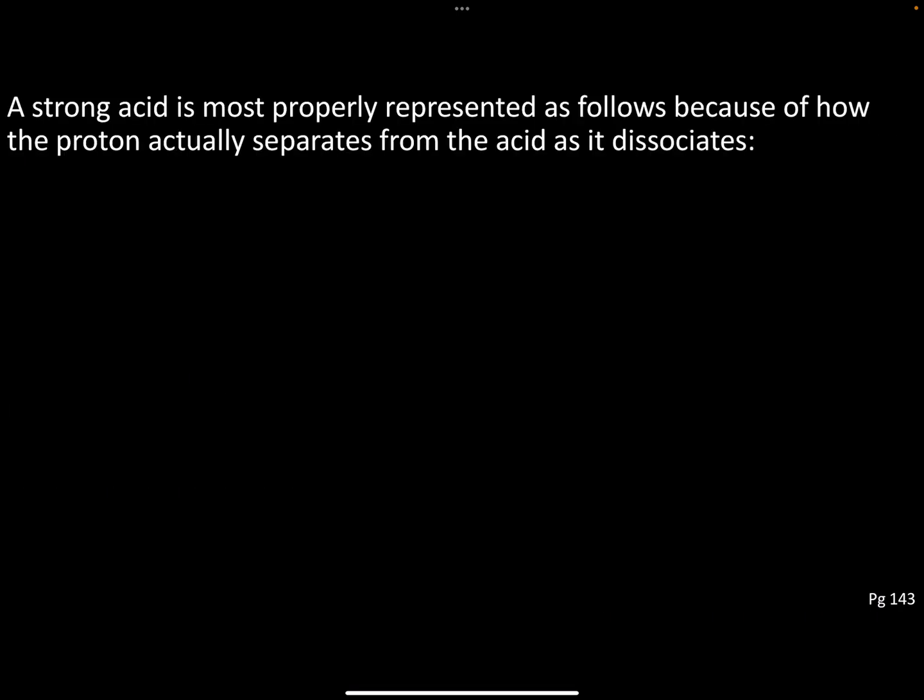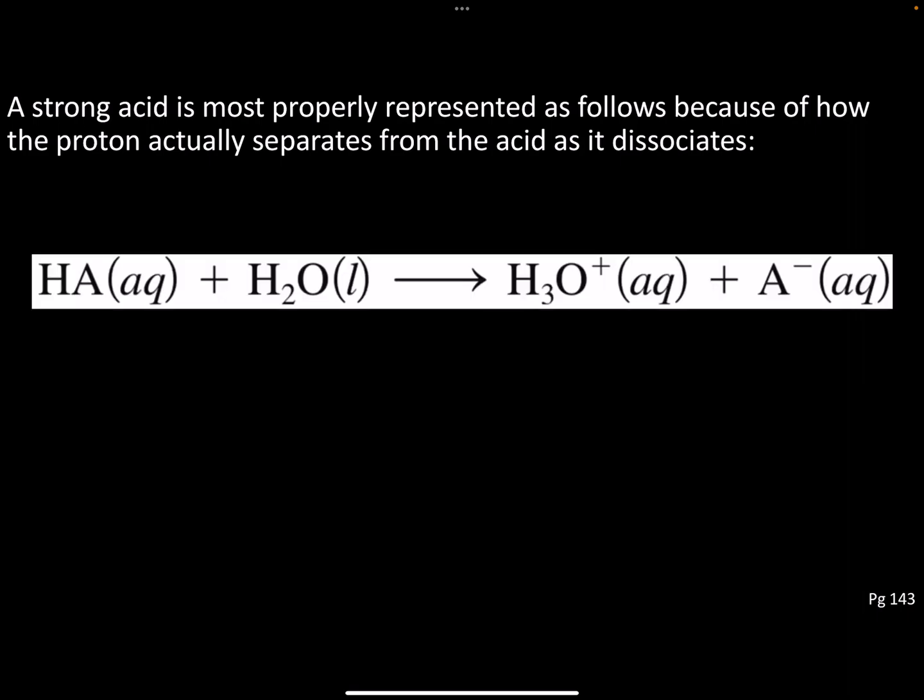They are all dissociated. Now, a strong acid is also most properly represented as follows because of how the proton actually separates from the acid as it dissociates. If we think about that proton being the H of HA, which is just saying some acid anion, we put that in water and normally we represent this as an H plus ion, but what we're actually looking at is an H3O plus ion that is dissolved in water.